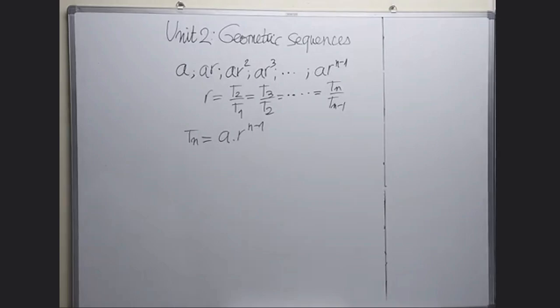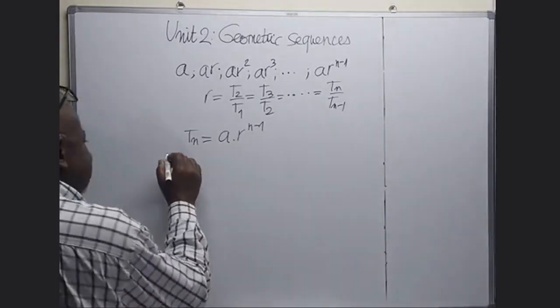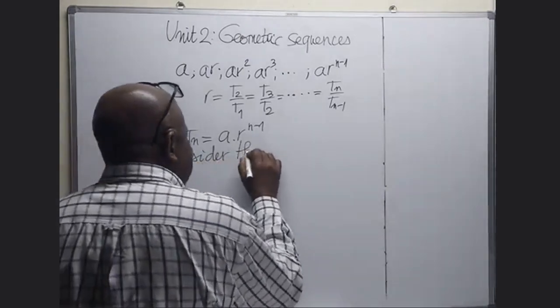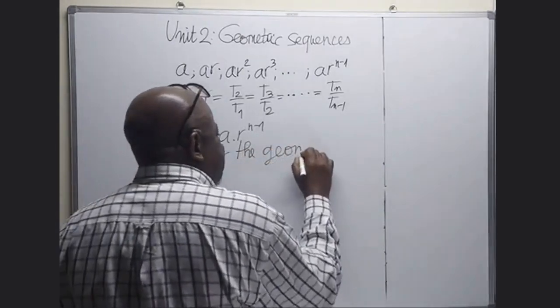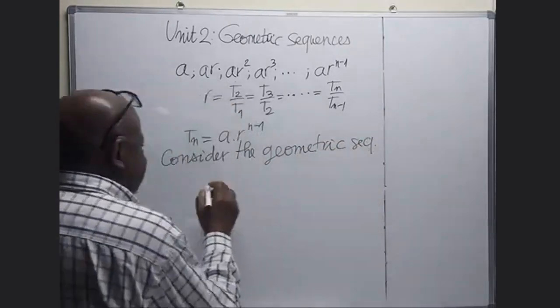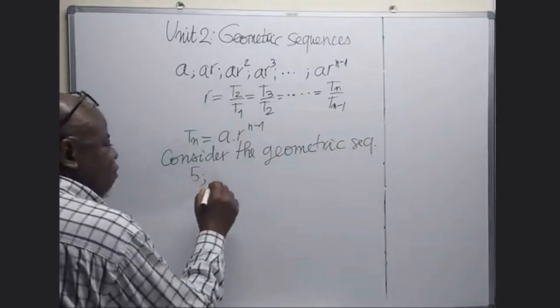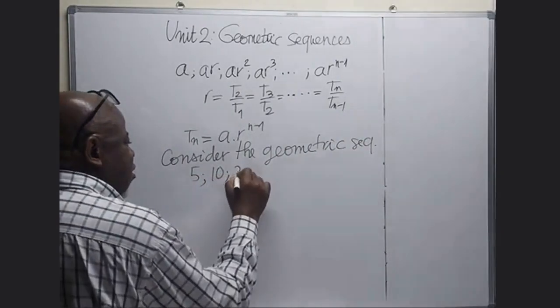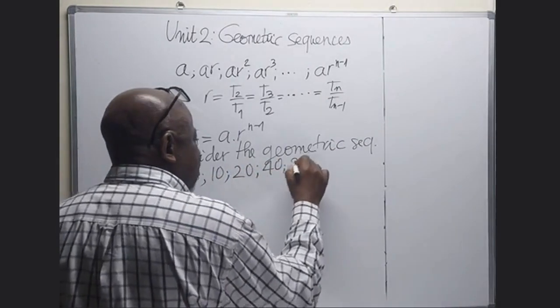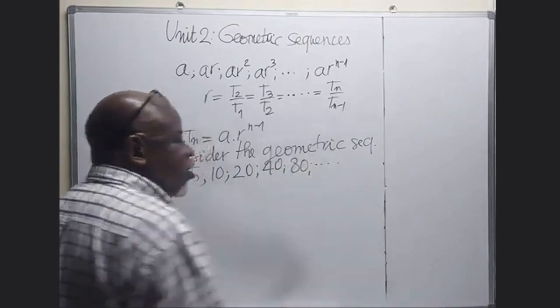So let's consider an example. Consider the geometric sequence 5, 10, 20, 40, 80, and so on.